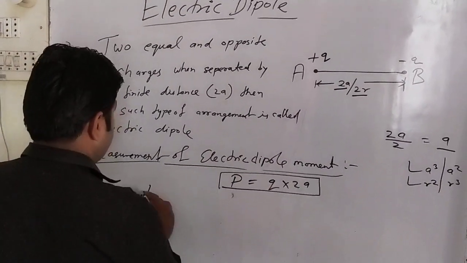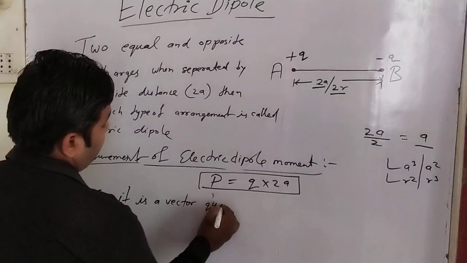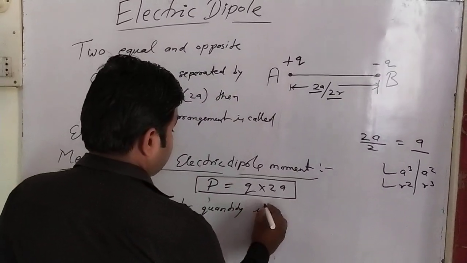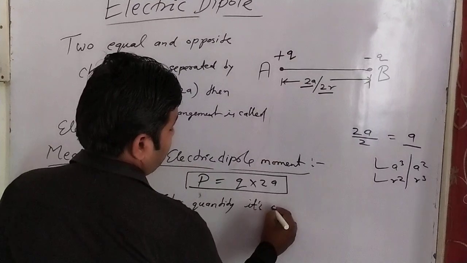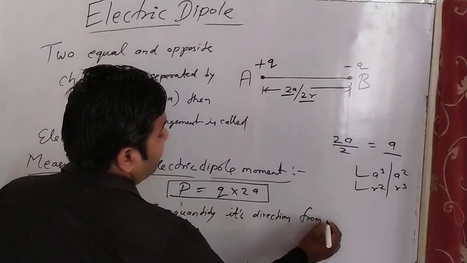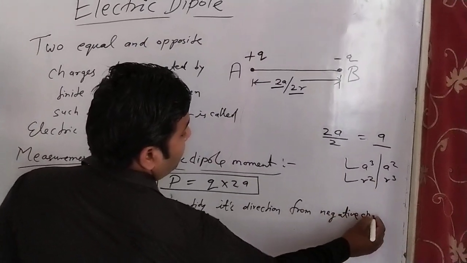It is a vector quantity and its direction is from negative charge to positive charge.